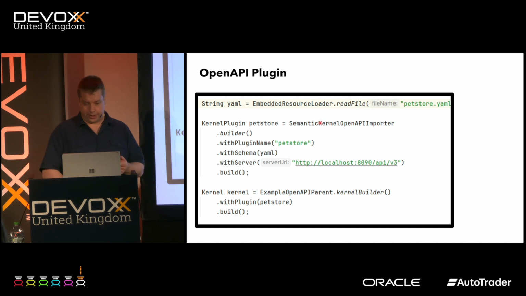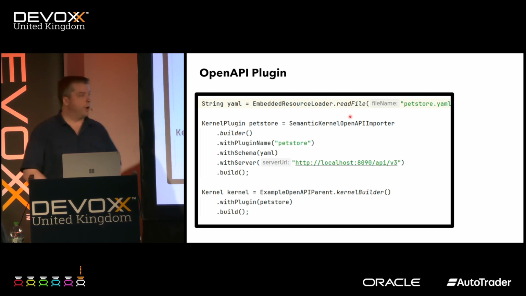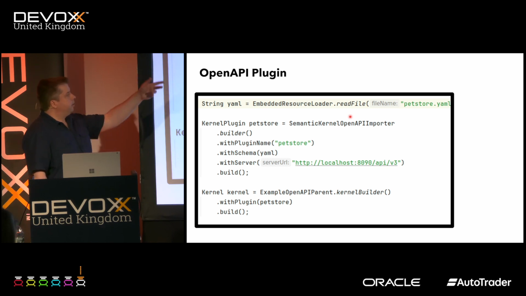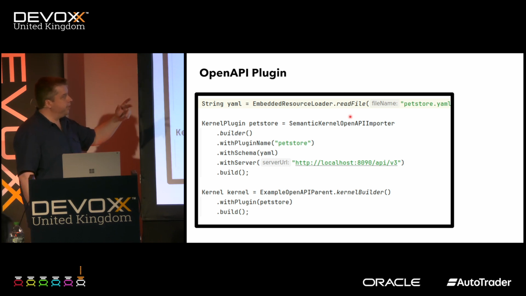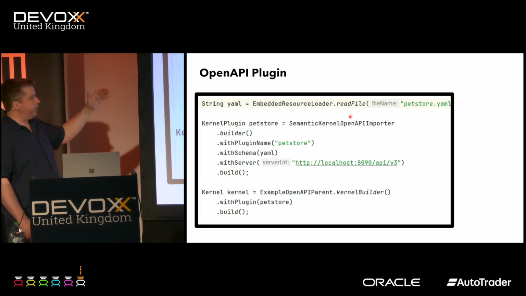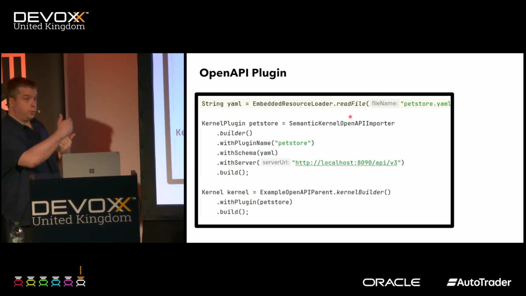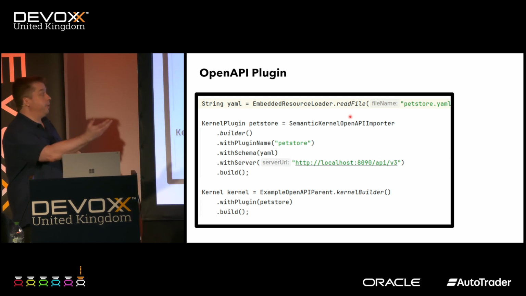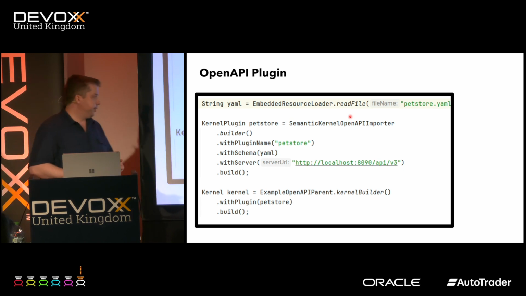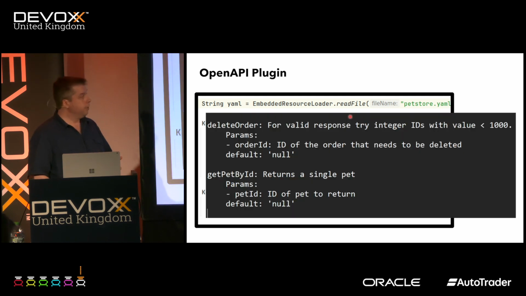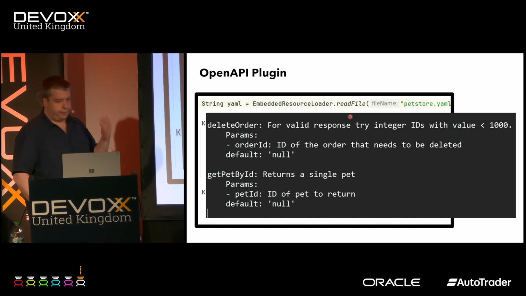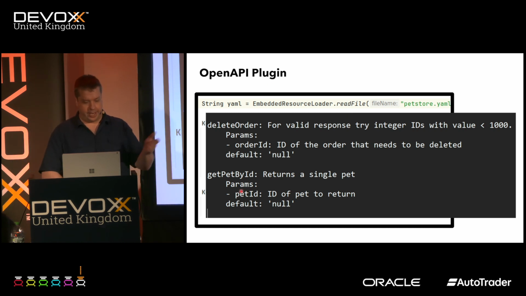Here we've got an example of a pet store, where it's parsed the pet store OpenAPI definition and turned all of the RESTful calls you can make into the pet store API into functions that the AI can now use. So we end up with a whole load of functions like delete order and get pet by ID that are all now callable.